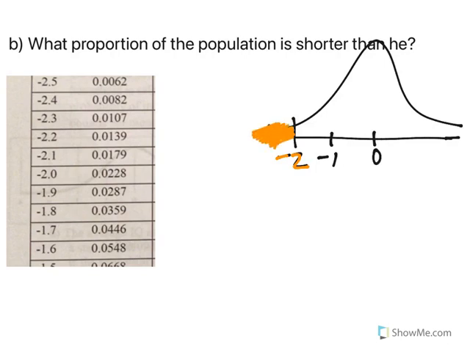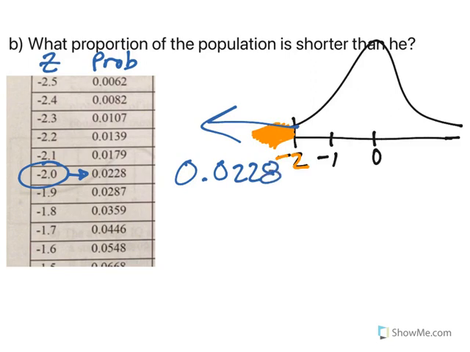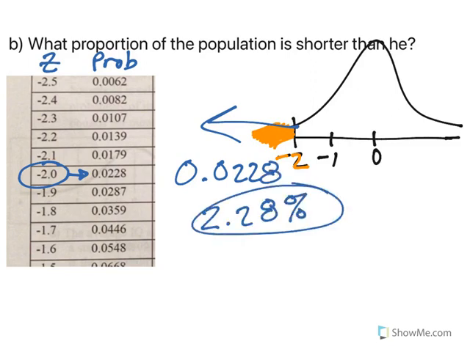Now, I like to draw this out because I am a visual learner. We know that when we use our table, we've got the z and we've got the probability. So I find my z-score of negative 2, and that given probability is the area to the left of that z-score. So we would have 0.0228, which is roughly 2.28%.